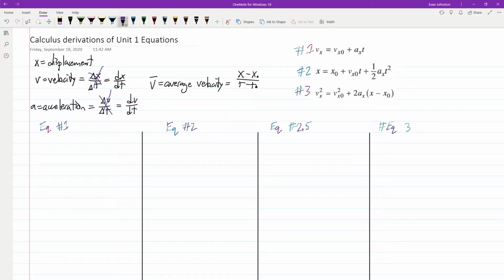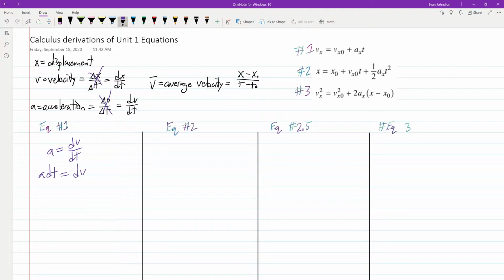So I'm going to go through and explain how to get our first equation, equation number 1. It all starts with a is dv/dt. All I'm going to do is multiply my dt over to the left side. So now I have a dt is equal to dv. The neat thing is I'm going to integrate both sides.